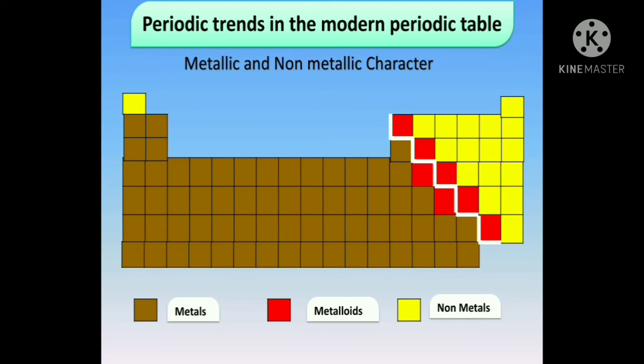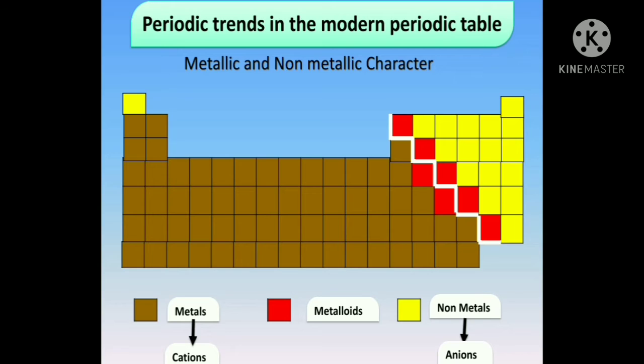Now, as metals lose electrons, they form cations. So, metals after losing electrons form cations. This is a property of a metal, whereas non-metals gain electrons and they form anions.